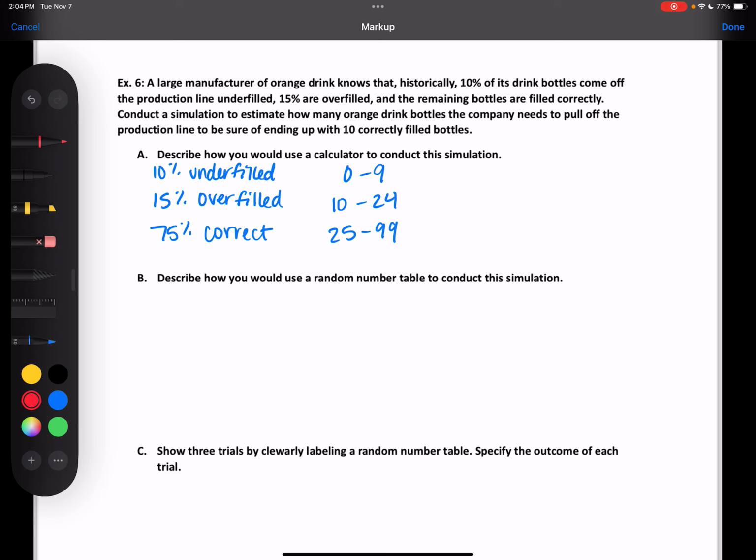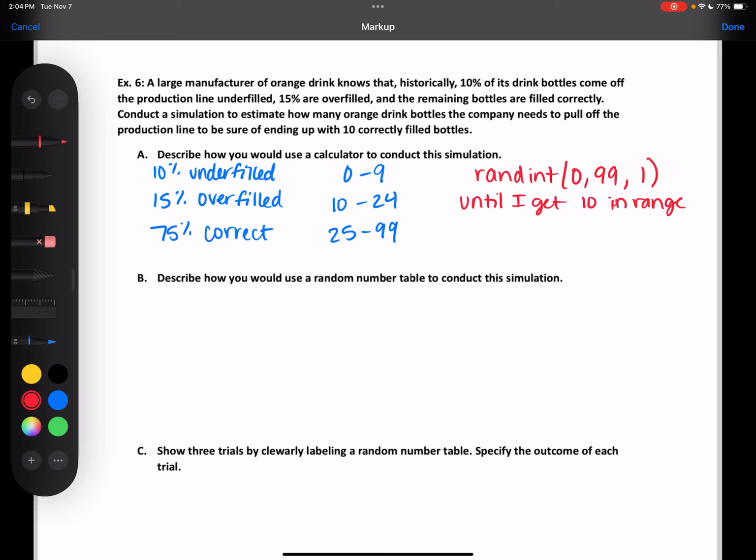So we have the random integers function on your calculator from 0 through 99, taken one at a time. So every time I hit enter, I'm looking to see if it's correct or if it's out of the range. And so I'm going until I get 10 in the range, because I have to have 10 bottles that are filled correctly.